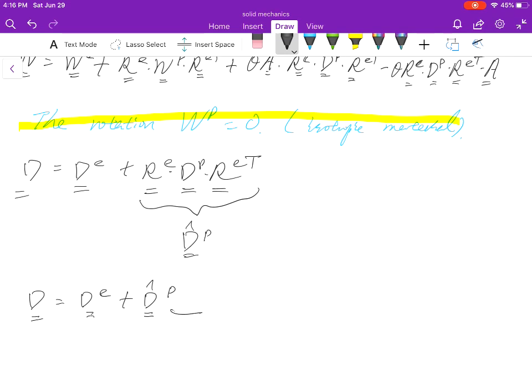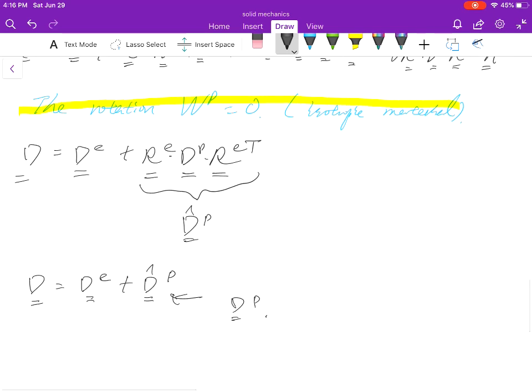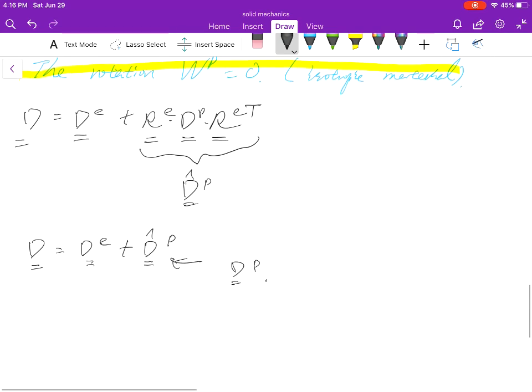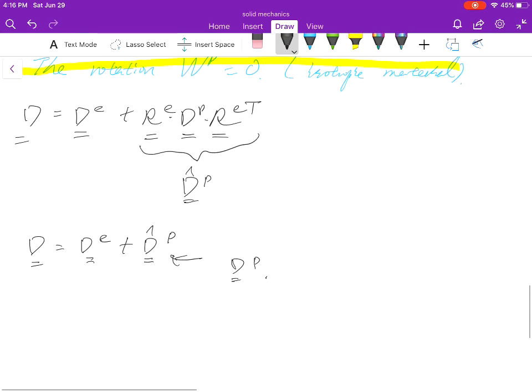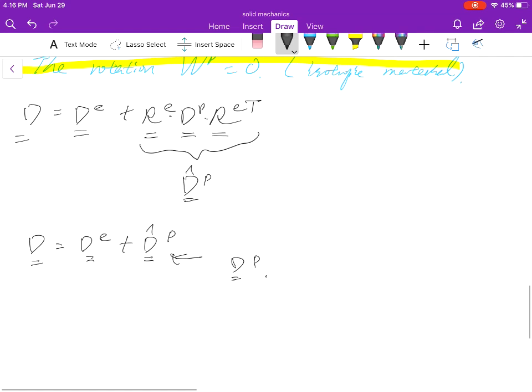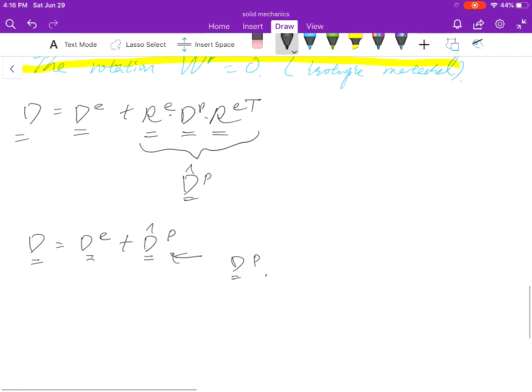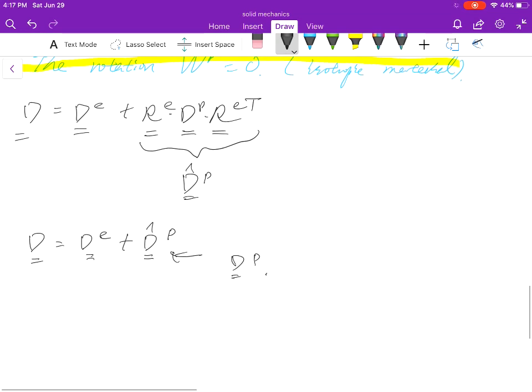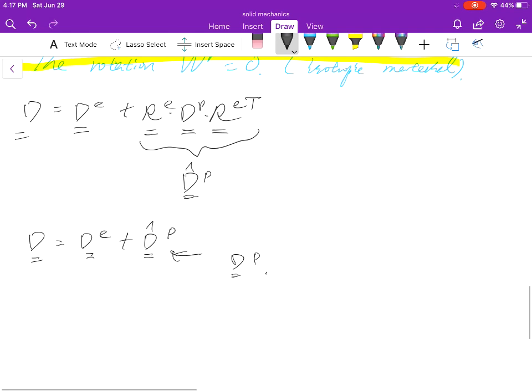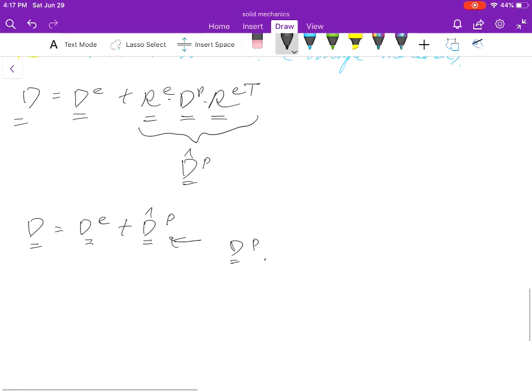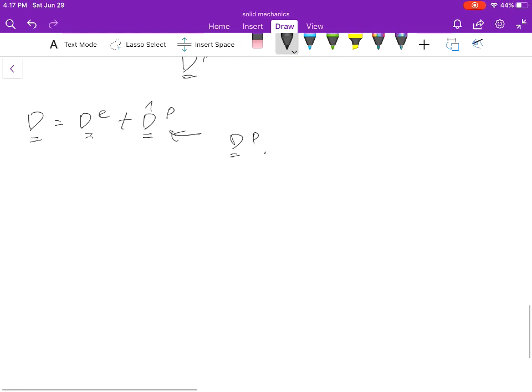And sometimes we just directly write this as the elastic part plus the plastic part of the rate of deformation tensor. With this, we have derived the rate of deformation additive decomposition from the multiplicative decomposition in terms of F. And now let's review what we did.